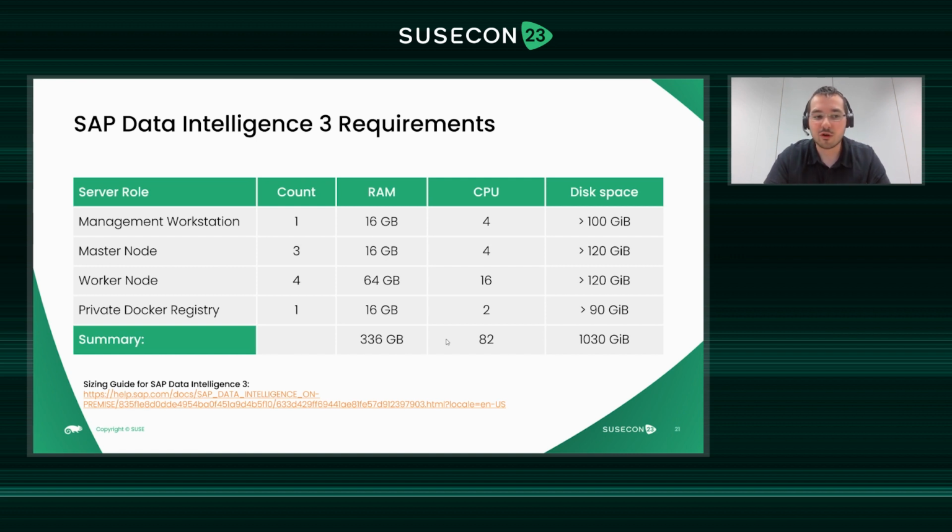Then we'll have 4 Kubernetes master nodes, each with 16 gigabytes of RAM, 4 CPUs, and 120 gigabytes of disk space, as well as 4 worker nodes with 64 gigabytes of RAM, 16 CPUs, and 120 gigabytes of disk space. You will also need a private Docker registry for the deployment of SAP Data Intelligence, which will have at least 16 gigabytes of RAM, 2 CPUs, and 90 gigabytes of disk space.